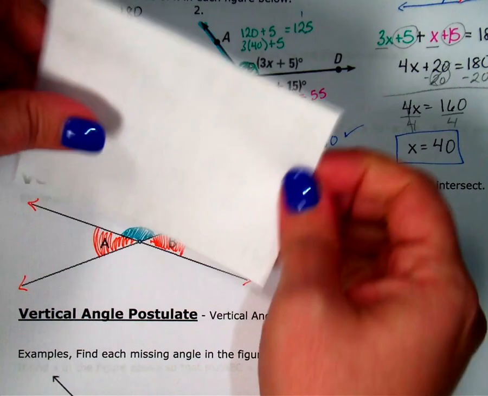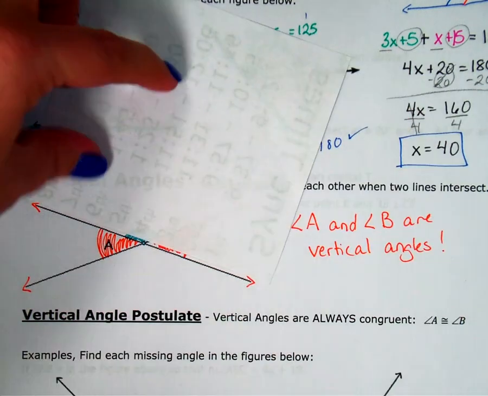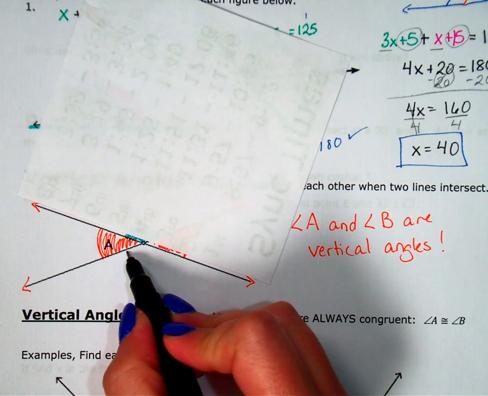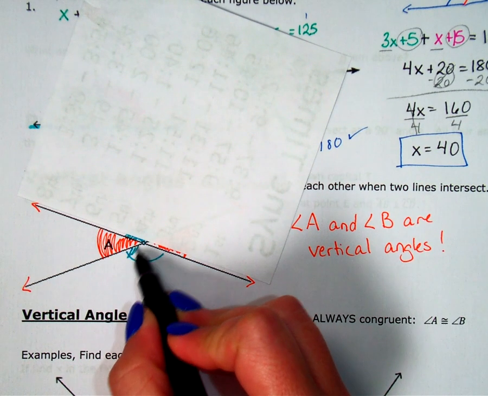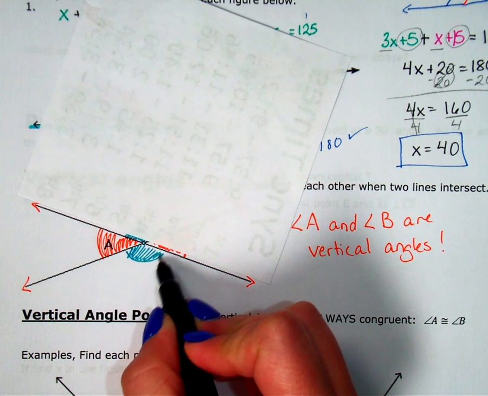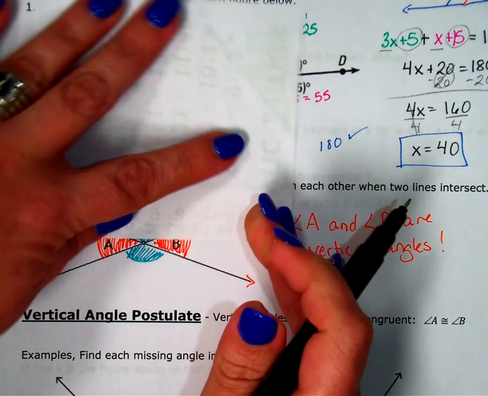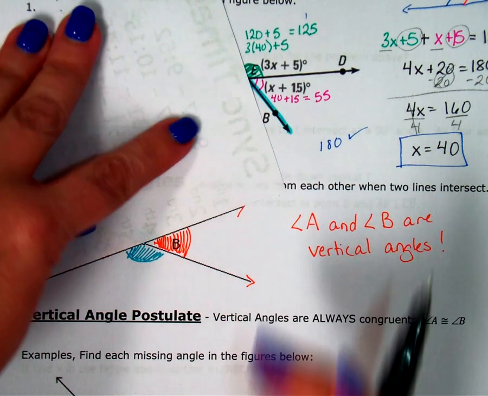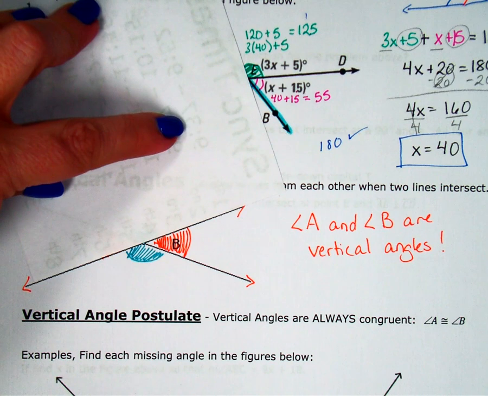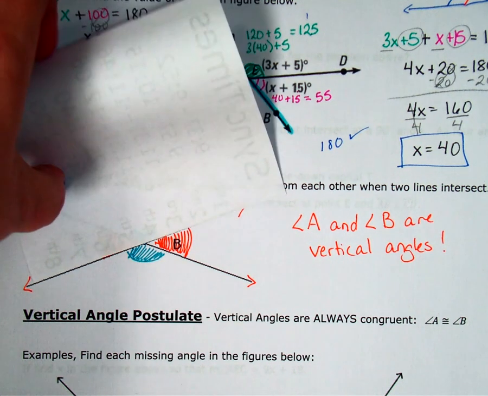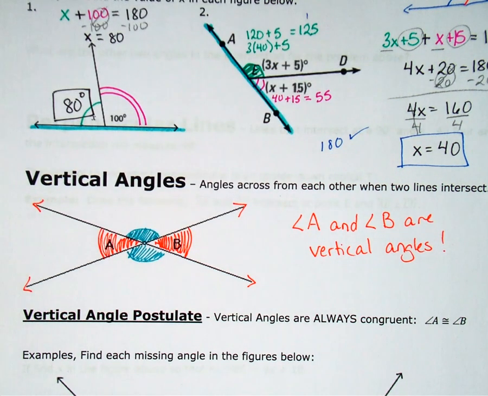I could have also used this side and said angle A plus this teal angle make 180, and so do angle B and that teal angle. So angle A and angle B have to be the same thing. But look at what I just drew. There are actually two sets of vertical angles at every single intersection of lines.